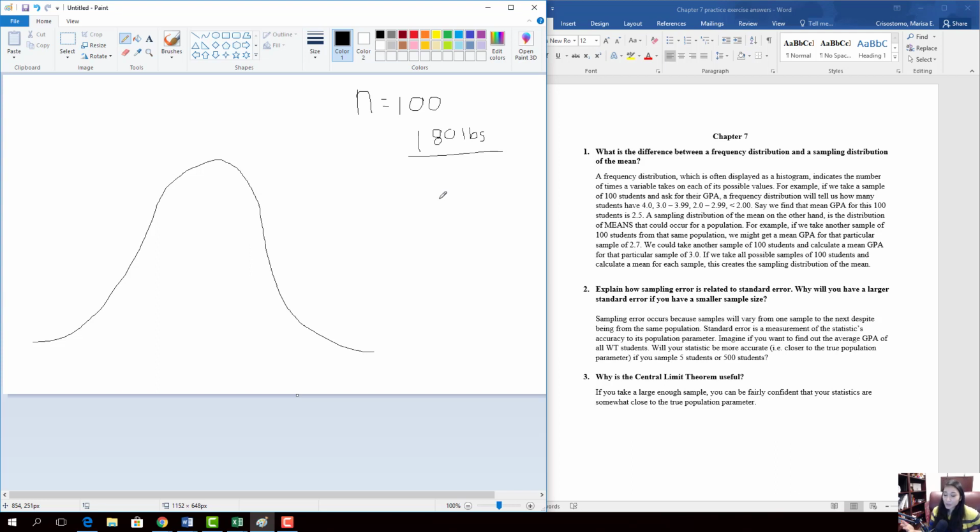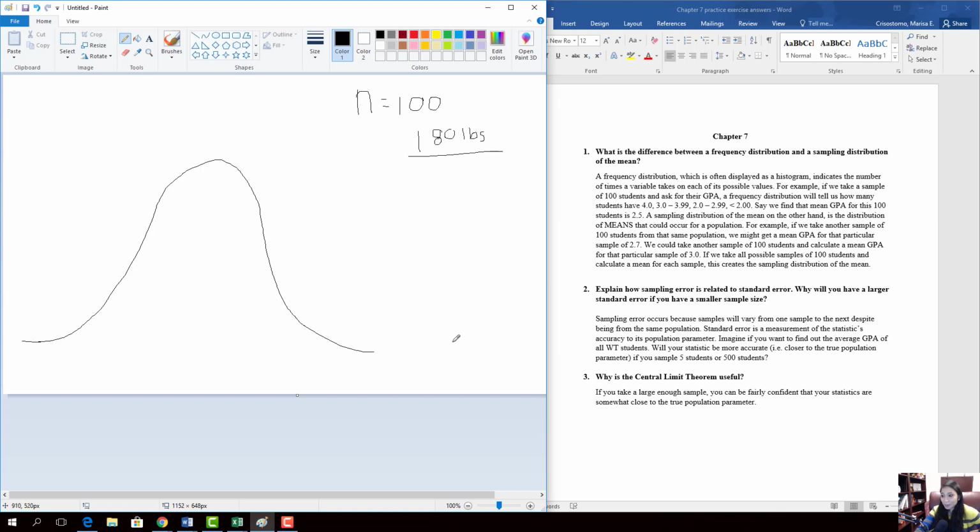Well, according to the central limit theorem, again, that sampling distribution of the mean, if your sample size is large enough, will be normal. Like I had mentioned earlier, it is possible that we could take a sample and it's got a bunch of light weights in there and we get an average male weight of 100 pounds.